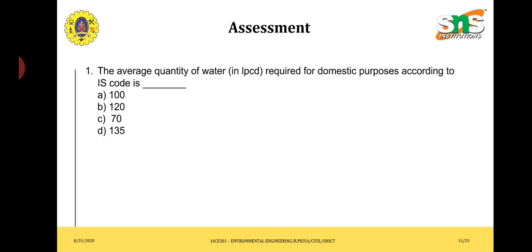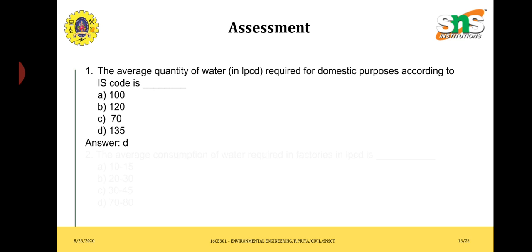Option A is 100, B is 120, C is 70, and D is 135. The answer is D, 135 liters per capita per day.